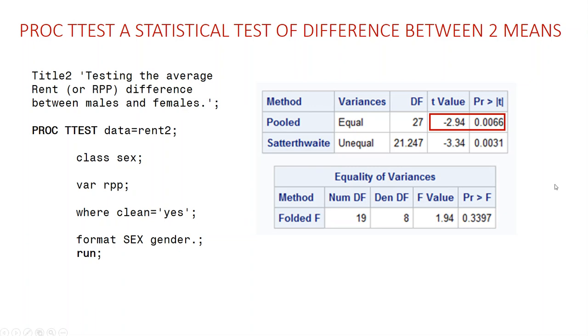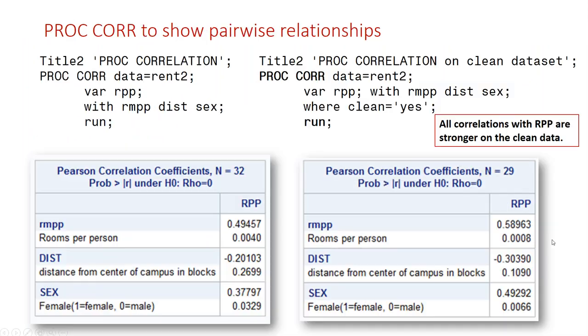But remember, this is a univariate test. So now we want to take a look at that pairwise relationship between rent per person and the variables on the right-hand side. Rent per person is going to be our dependent variable in our analysis coming up, and rooms per person, DIST, and sex are our independent variables.